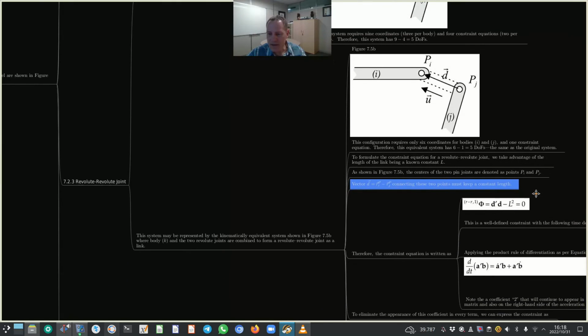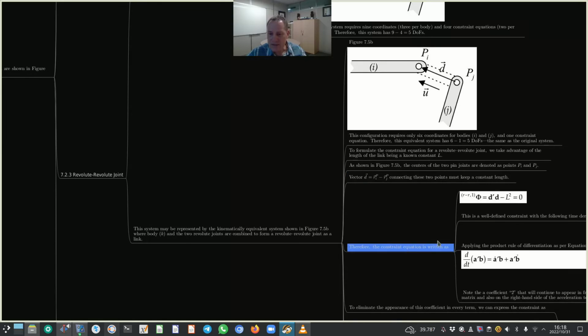So it's now very simple to see that the constraint equation can be written as D transpose D minus L squared equals 0.